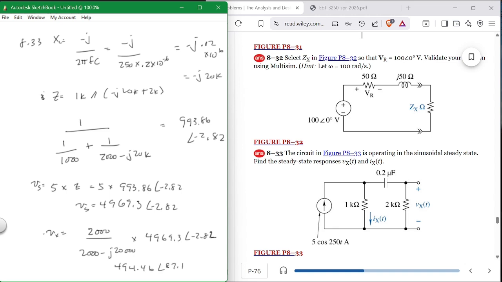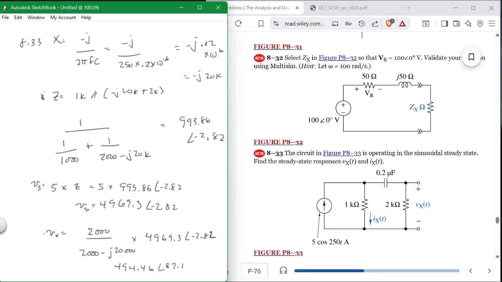Is that right? Anybody get that? Did anybody get a Vx of 494.4 at 87 degrees? Okay, so I got one yes. Everybody see how you did that?